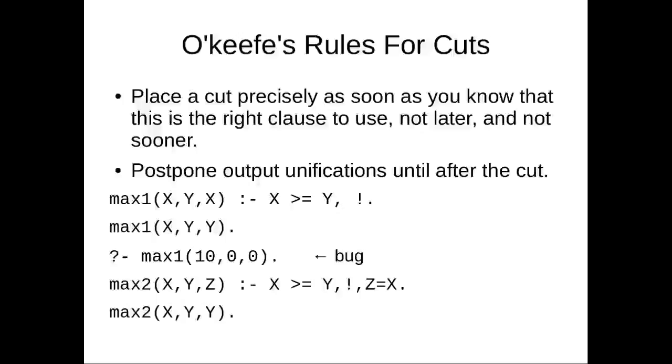And here's an example. Max, this is very similar to the problem with Joe agreeing with nothing. This has a bug, and it says that 10 is greater than 0, because one of the limits is 10, and then we do the cut.